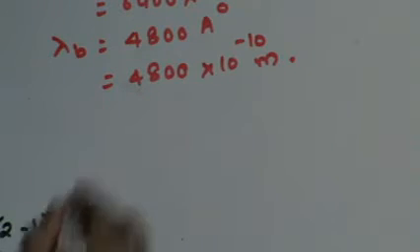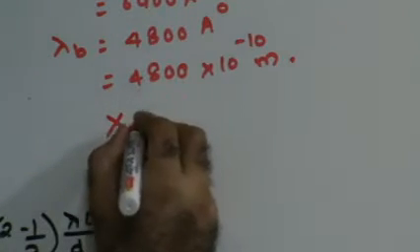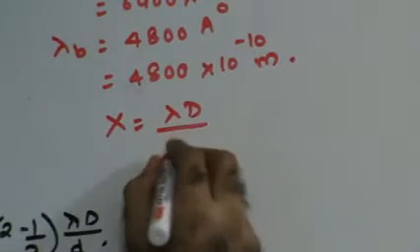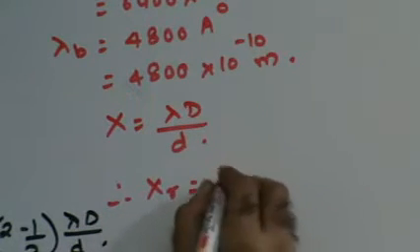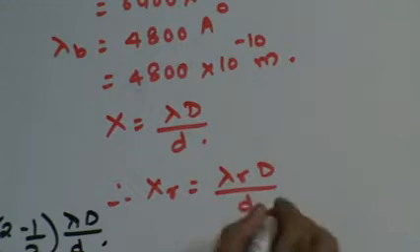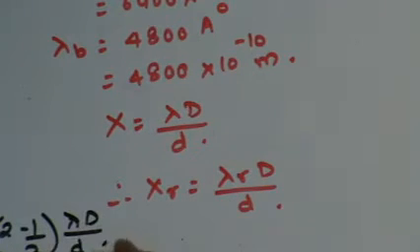Now, guys, let's see this. We know that fringe width is nothing but lambda D by d. Therefore, I can say fringe width for red light is lambda r D by d. Therefore, fringe width for red light upon wavelength of red light is D by d.